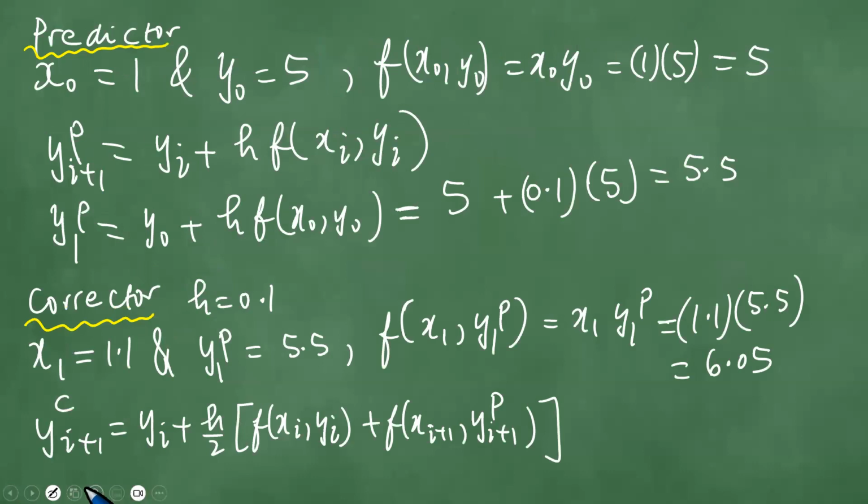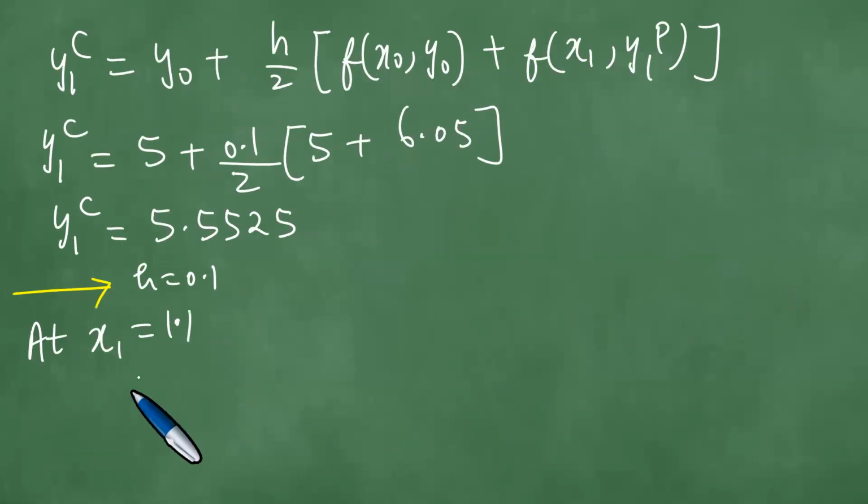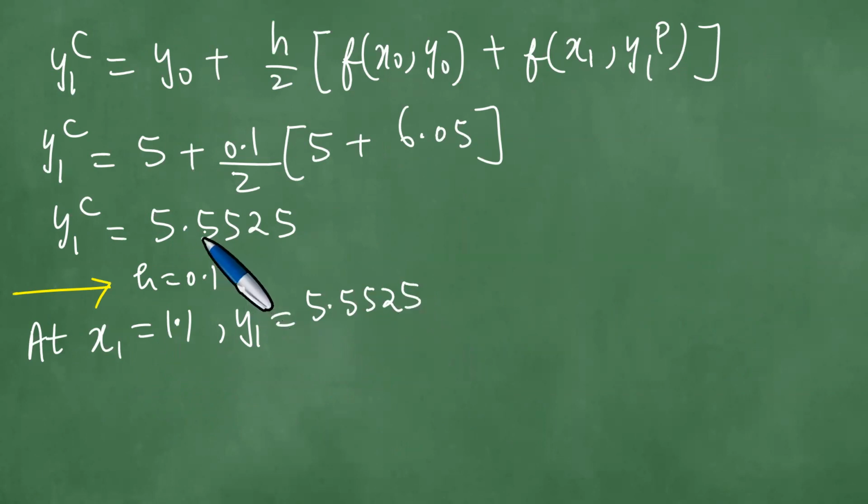So it is clear that at this point, y1 is this one of the corrector, 5.5525. This is the y we use, but now at x1, we're going to do the predictor here.